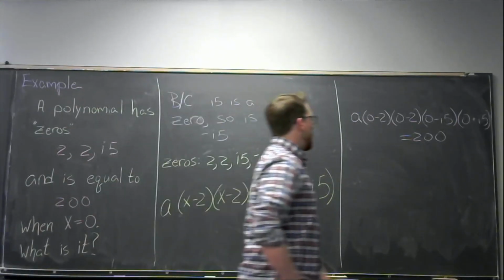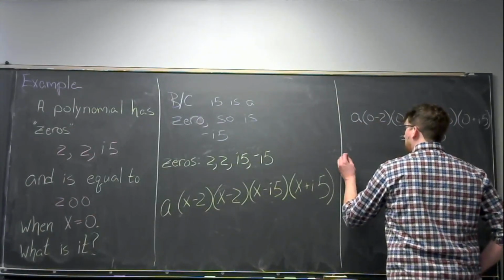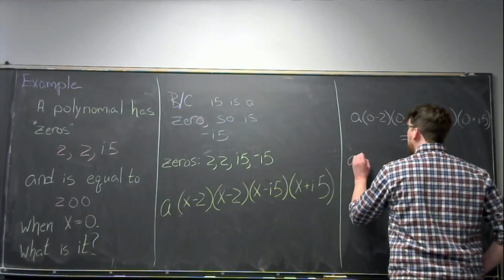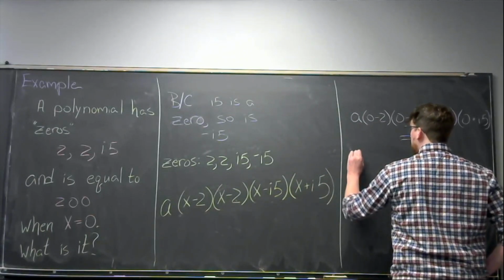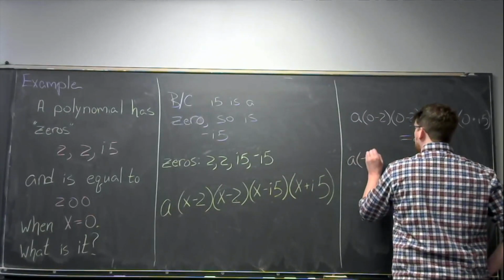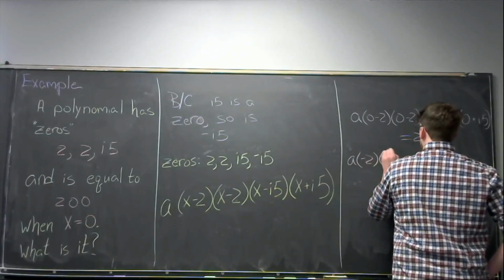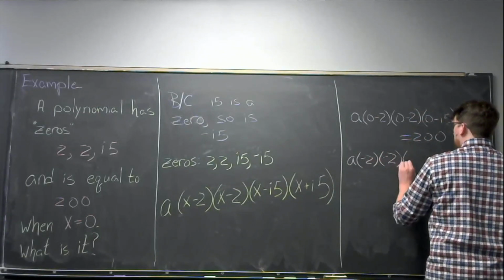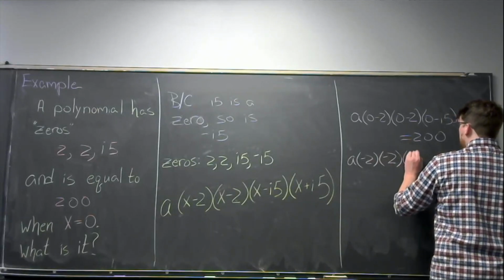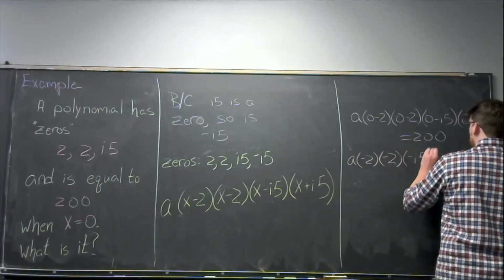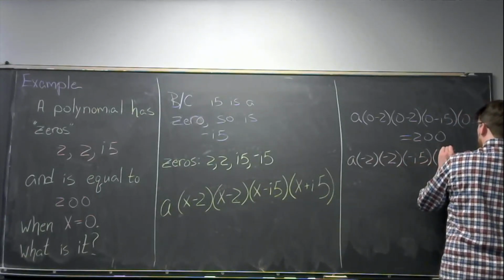Well, we can simplify this a little bit and rewrite it as a times negative 2 times negative 2 times negative imaginary 5 times imaginary 5.